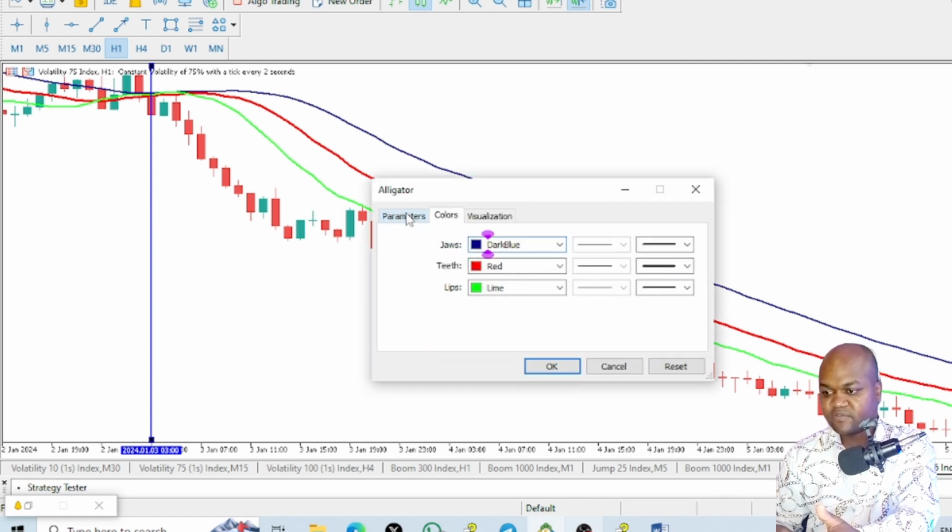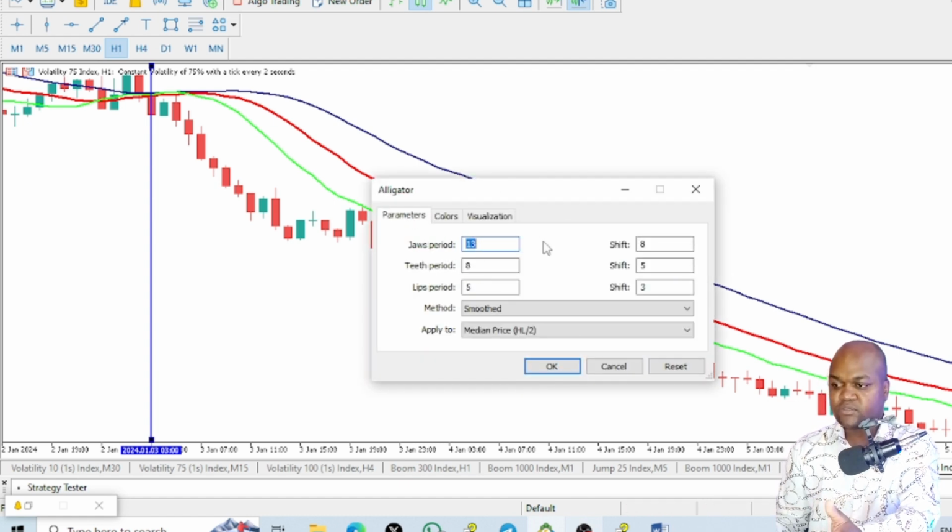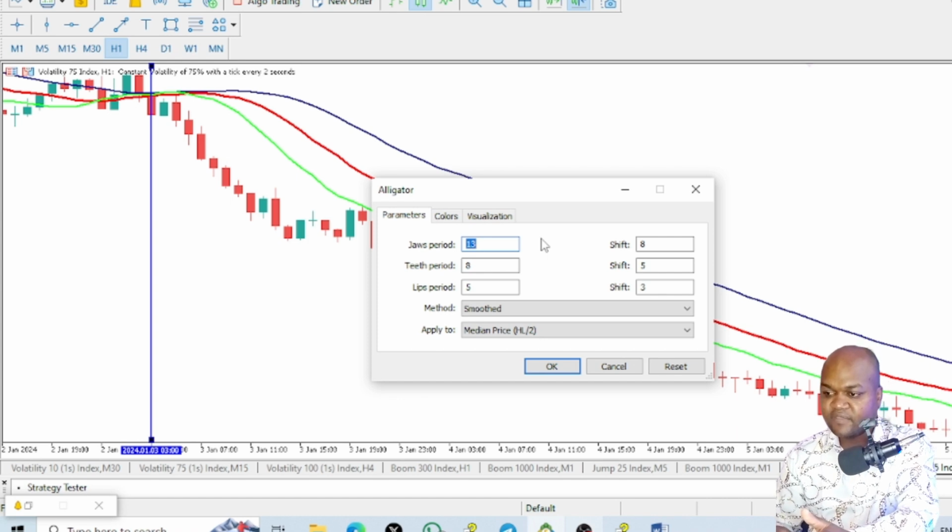So the parameters, first we have the jaws period. These are basically the default settings. So we have the jaws period of 13, shift 8, then teeth period of 8, shift 5. Then we have the lips period of 5, shift 3.